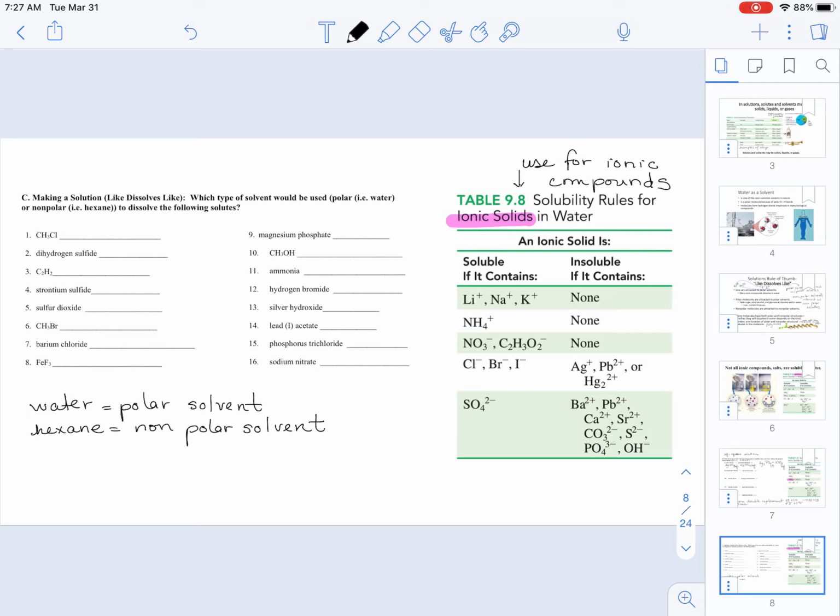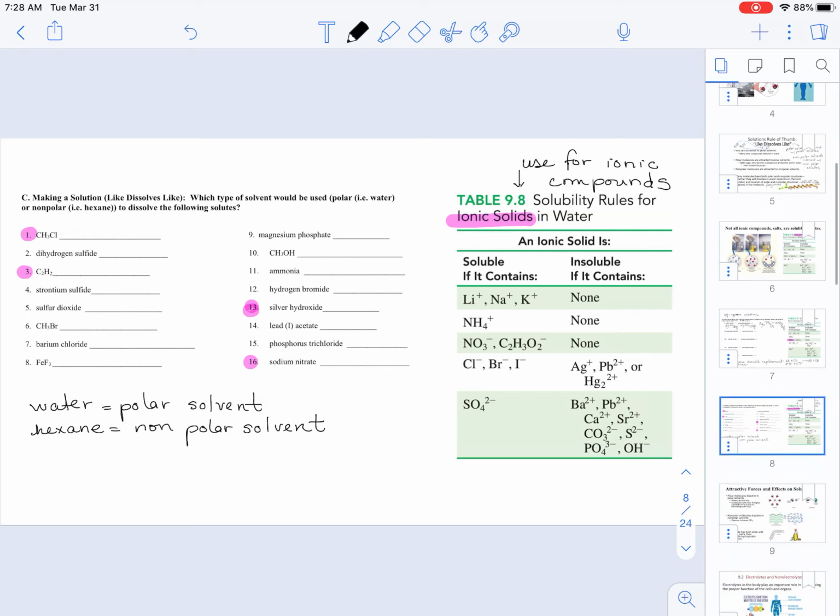So to illustrate how to deal with these problems, I'm going to specifically do number 1, number 3, number 13, and number 16. Okay, so number 1 and number 3 are going to be specifically covalent compounds. Number 13 and number 16 are going to be ionic. So we already learned previously how we deal with ionics.